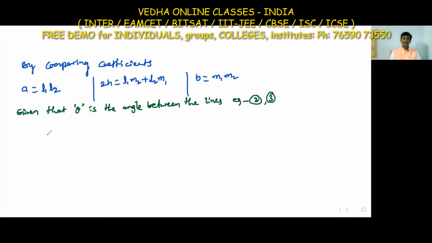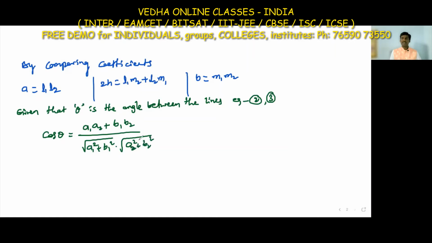What is the formula? Cos theta is equal to a1 a2 plus b1 b2 divided by under root of a1 square plus b1 square into root of a2 square plus b2 square.